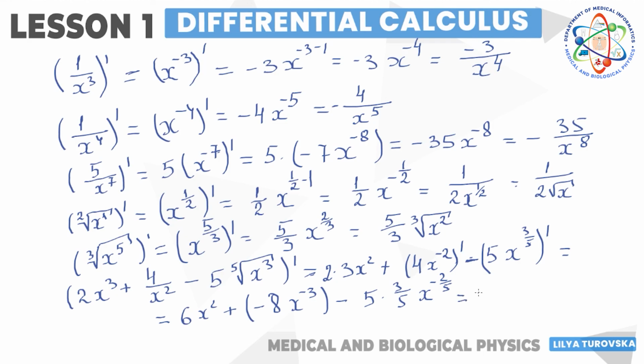And the final answer is 6x squared minus 8 over x cubed. We can bring it to the denominator, and minus 5 and 5 are cancelled. We have minus 3. Negative 2 over 5 in the denominator will be positive 2 over 5, but when we bring it to radical form, we'll have the fifth root of x squared. So this is the final answer.